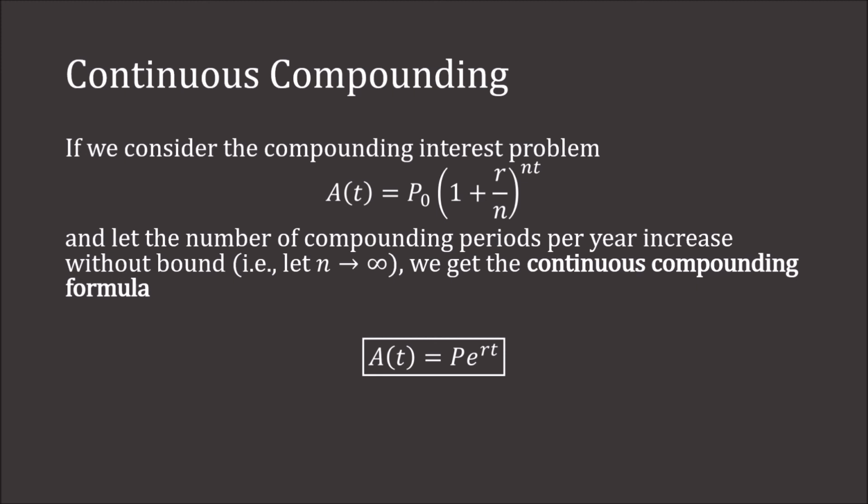Now, note that when you are doing calculations with e, do not use the approximation. You will use the e key on your calculator. And I will show you how to do this in a tutorial video, which should appear right after this video.